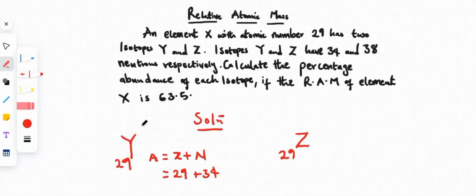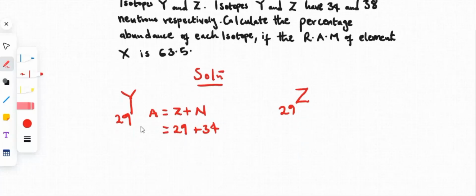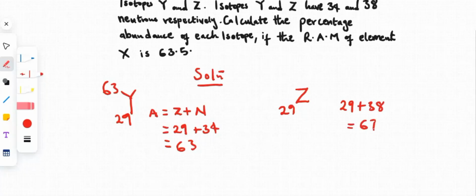Therefore, my mass number for Y will be 63. So we'll come here and write 63. Then the same thing for this: we'll do 29 plus 38, which is equal to 67. So our mass number is 67.